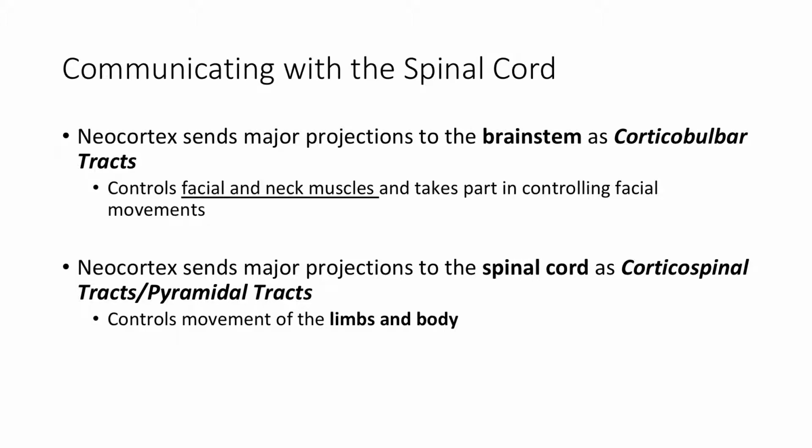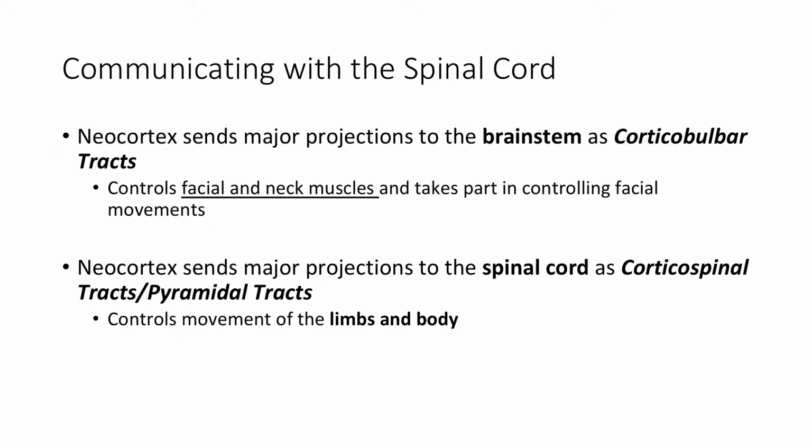The corticobulbar tracts terminate in nuclei that control facial muscles and take part in controlling facial movements. So if you're frowning or smiling, you are using the corticobulbar tracts for your face to move. The corticospinal tract ends on interneurons and also on motor neurons in the spinal cord and controls limb and finger and toe and body movements.